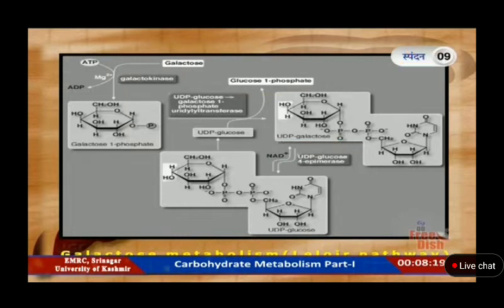Now another enzyme, UDP galactose 4 epimerase, converts UDP galactose into UDP glucose, and the glucose 1-phosphate produced is converted to glucose 6-phosphate and then it enters into the glycolytic pathway.